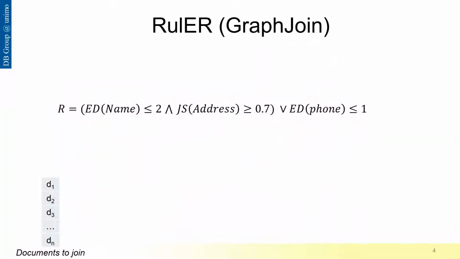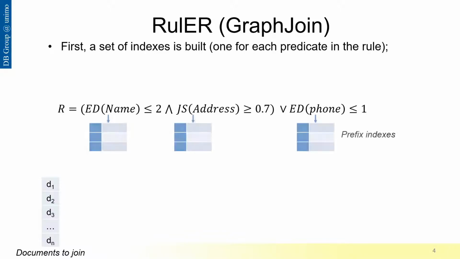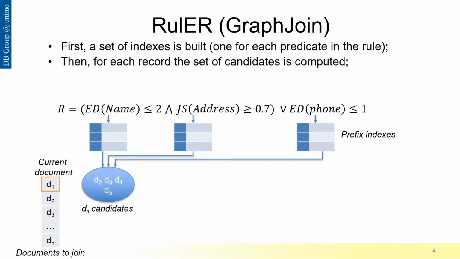In our implementation that we called graph join, first a set of indexes is built. In particular, we use the prefix index to index the candidates. The algorithm builds one index for each predicate in the rule, and then for each record, the set of candidates is computed by using these indexes.